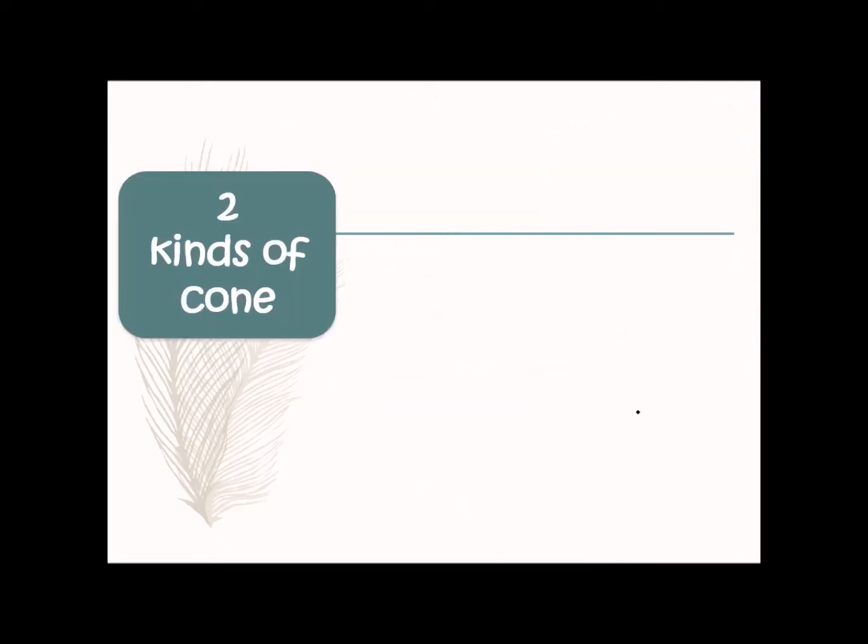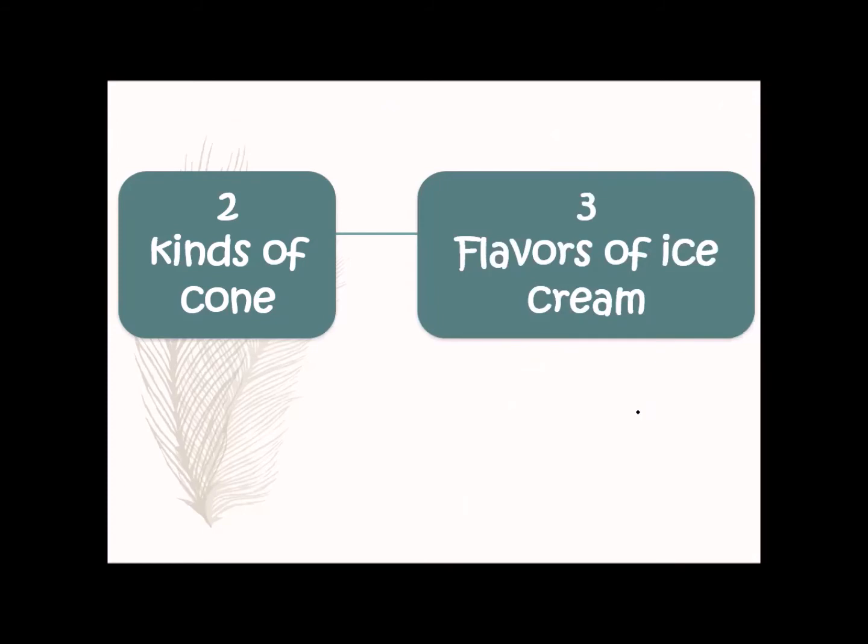So, in totality, pag sinabi nating fundamental counting principle, we are getting the product. So, the common operation involved here is multiplication. And the events involved here are 2 kinds of cone and the 3 flavors of ice cream. So, you're just going to multiply it, like what I've said a while ago. The common operation is multiplication.